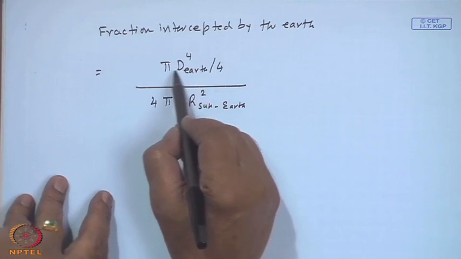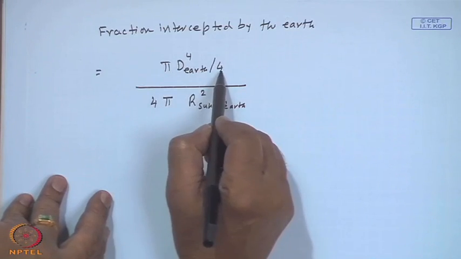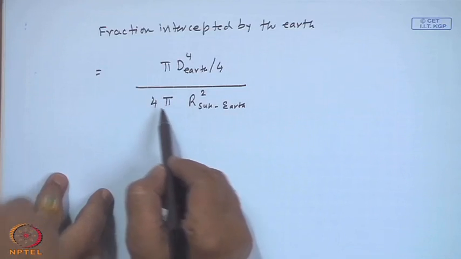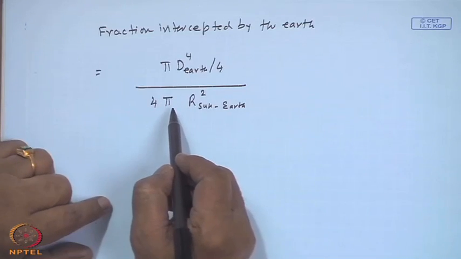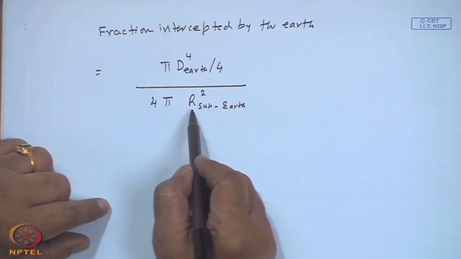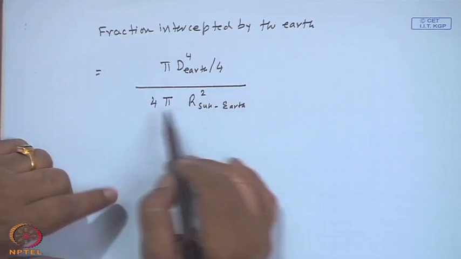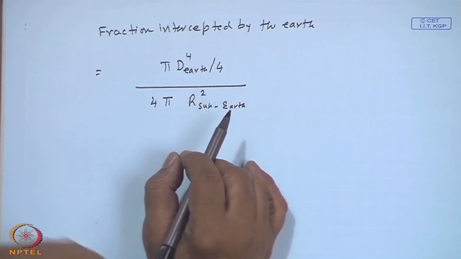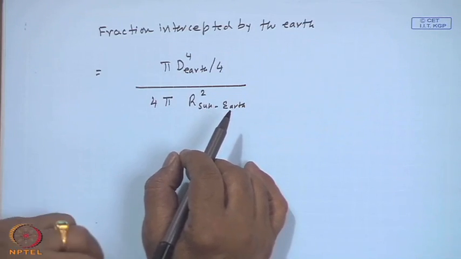Please note, pi d squared by 4 is nothing but the cross sectional area or the projected area of the earth, whereas of course, this is the spherical area of a sphere at the sun to earth radius. So, you have got 4 pi r squared instead of pi d squared as we have written in the case of the sun, because it is in terms of diameter.